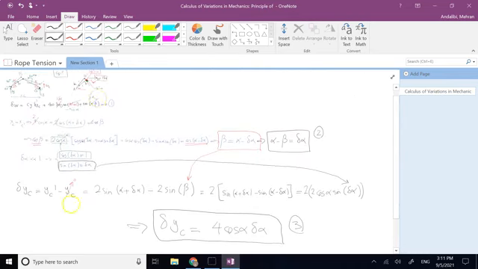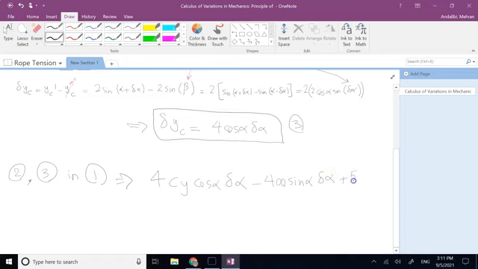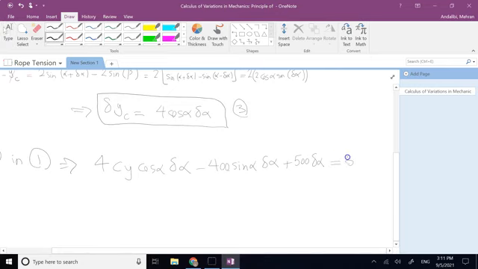And the last one is 500 del alpha. This whole thing has to be 0. Again, you see they all share a del alpha, which cannot be 0. So we simplify, and you will get one equation in terms of the unknown cy, which, by the way, if you solve for, you will get negative 79.3 Newton.